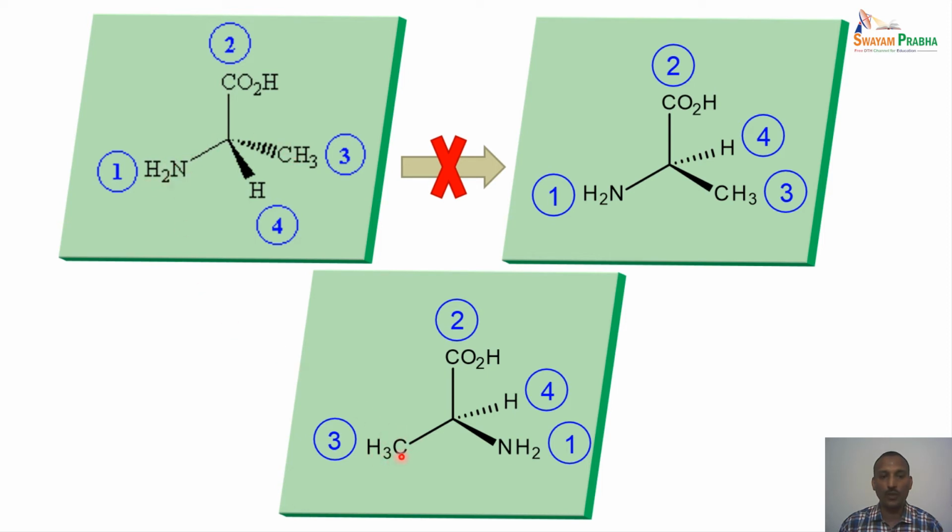This is how we have to rotate the entire set of bonds, and not break the bonds and reattach them. This is one thing you have to always remember whenever you assign the configuration: make sure you rotate the lowest priority group away from you. I will show a demonstration for this.